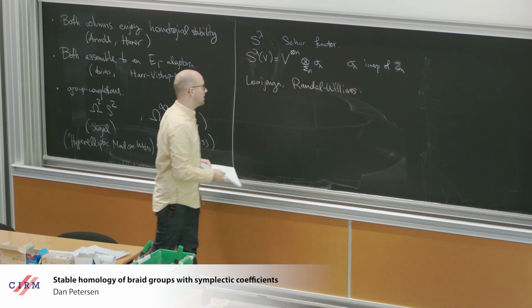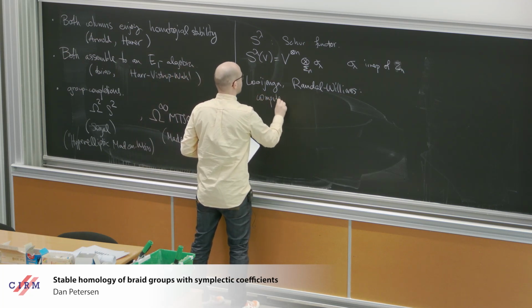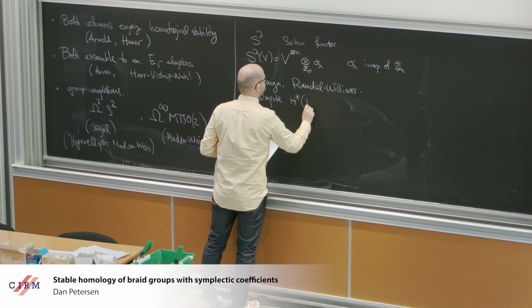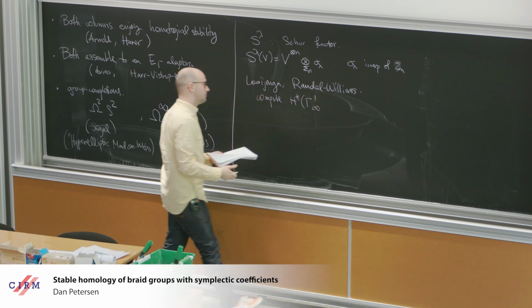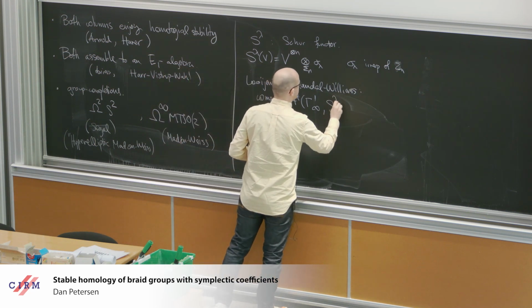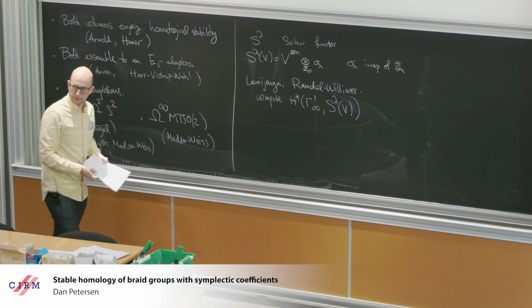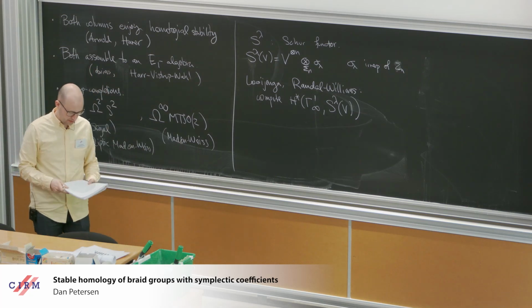So Looijenga and Randal-Williams compute the stable cohomology of the mapping class group with coefficients in such a Schur functor.